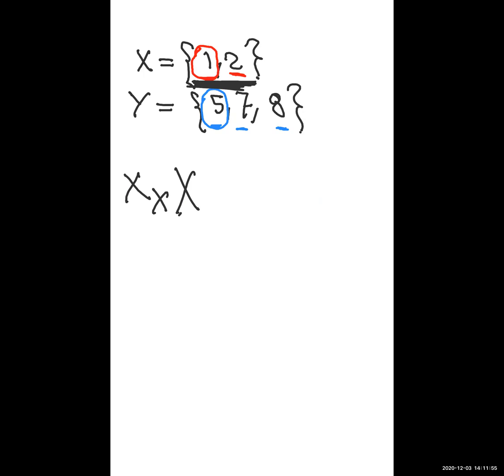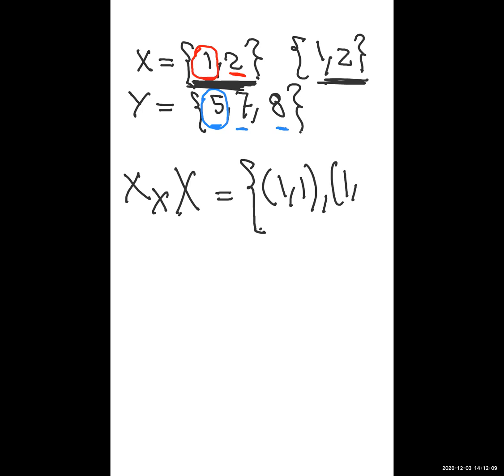I will consider that there is one more x here, like 1 and 2 with the same elements. So 1 and 1 first, then 1 and 2, then 2 and 1, and 2 and 2.